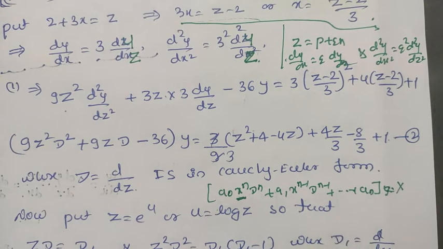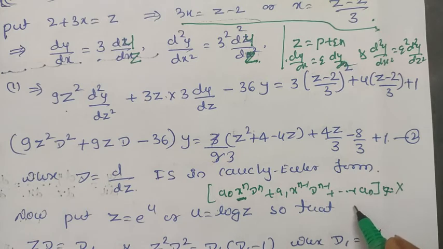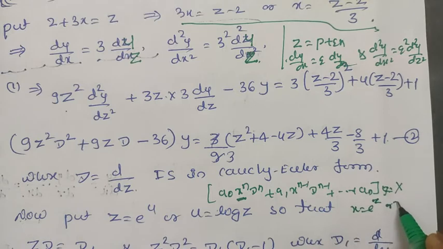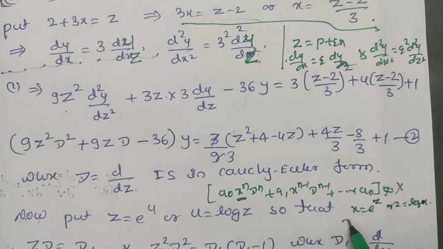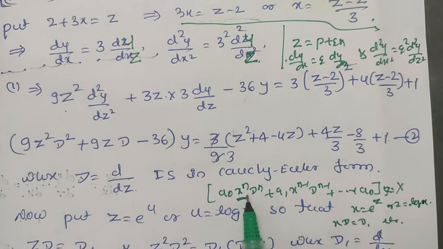Again, we know that in Cauchy-Euler form, if we put z = e^u, then zD = D1; there it was xD. There we used the substitution x = e^z and z = log x, with xD = D1 and so on. Here, in place of x it is z. So zD = D1, and z²D² = D1(D1 − 1), where D1 is d/du.